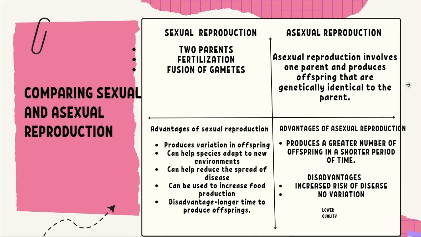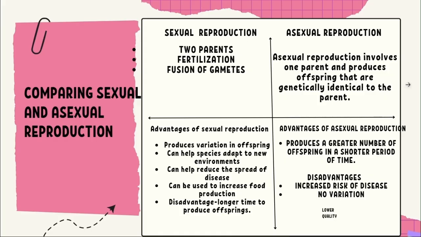When I say identical, I mean identical, like identical twins. The parent and the child look exactly the same. So with asexual reproduction, there is no variation at all. That disadvantage for asexual reproduction is actually an advantage to sexual reproduction.